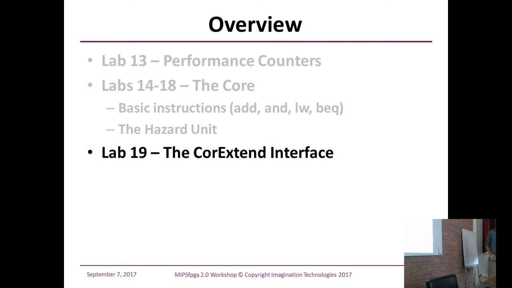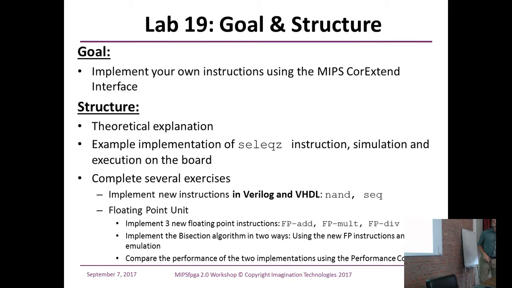Well, we go to lab 19 now, which is the last lab in this part, in part 3, and which is about the core extend interface. The goal is to implement your own instructions using the MIPS core extend interface. We've already implemented our own instructions, but this is a different way of doing it. We've changed the soft core itself for implementing instructions.